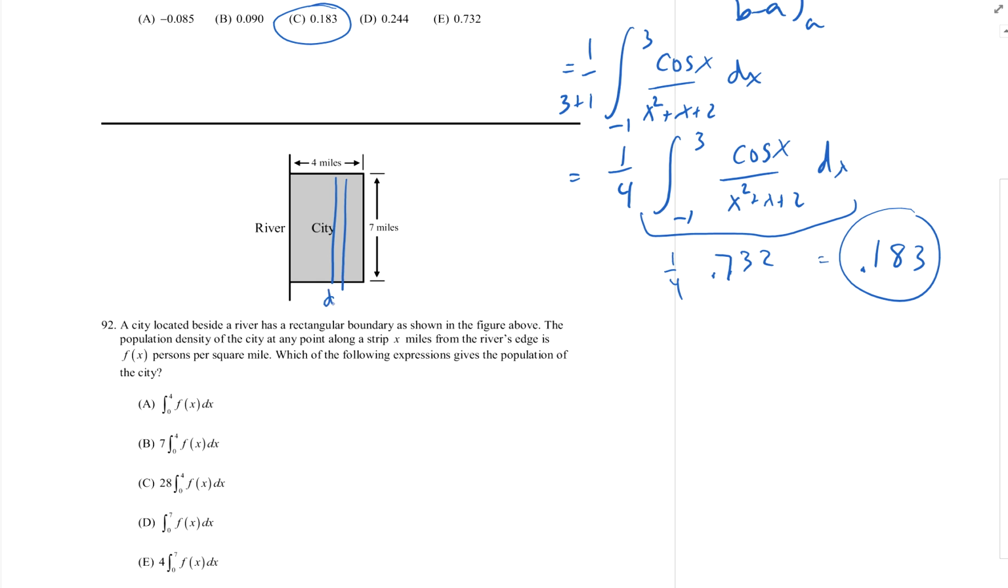So here's my strip dx wide, x miles away. The density is f of x. So population density is people per square mile.